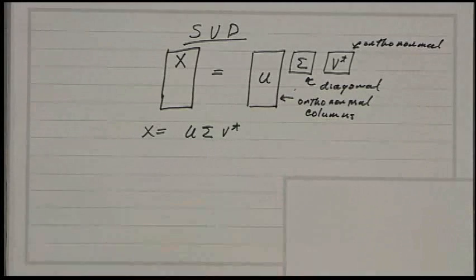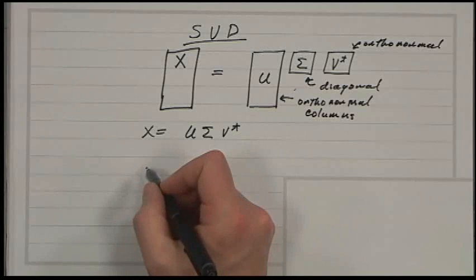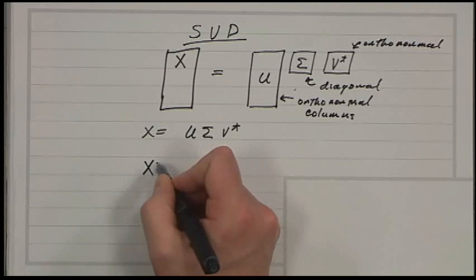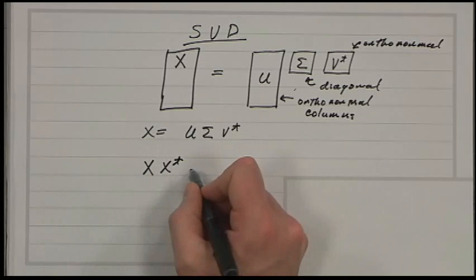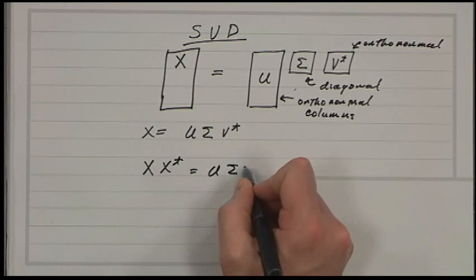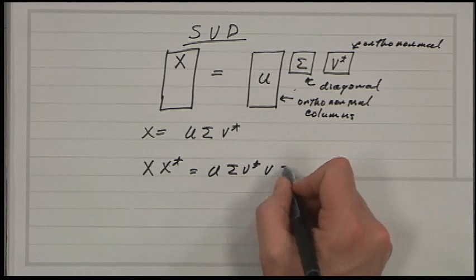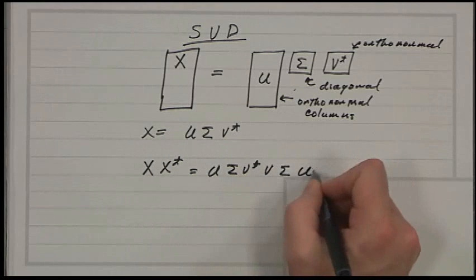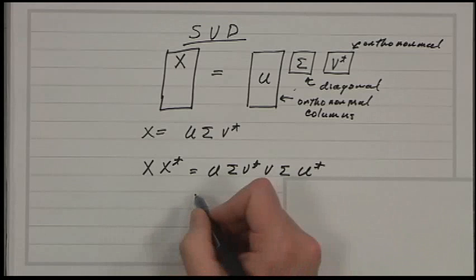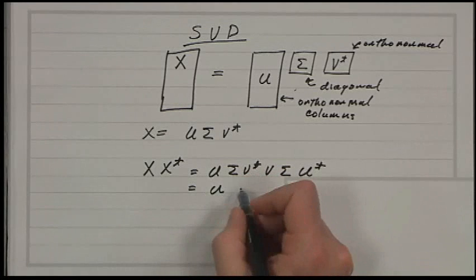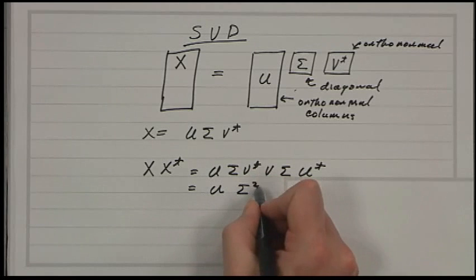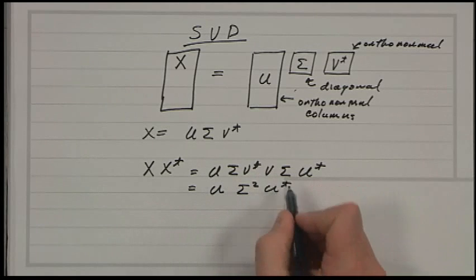So then what ends up happening is that if you take X X transpose, that's equal to U sigma V transpose times V sigma transpose U transpose. So this then is equal to U sigma squared U transpose.